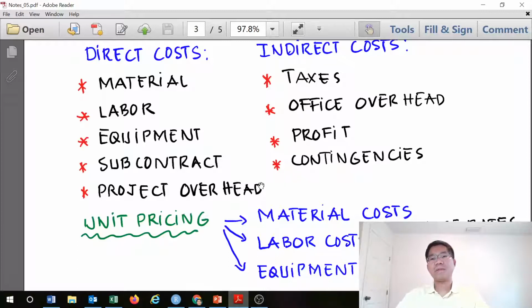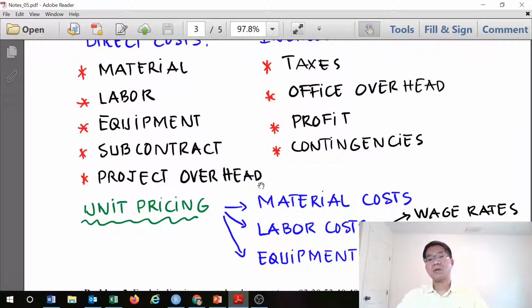Something we talk about in lesson 2: material, equipment, labor utilization. That labor cost depends on many factors. First, the wage rate, and we will talk about the regulation in the second portion of this class, but the wage rate plays a role in the labor cost. If you pay a higher wage rate, then the labor cost is higher, and that's why there is the debate about the minimum wage, etc. And then the second part is productivity.